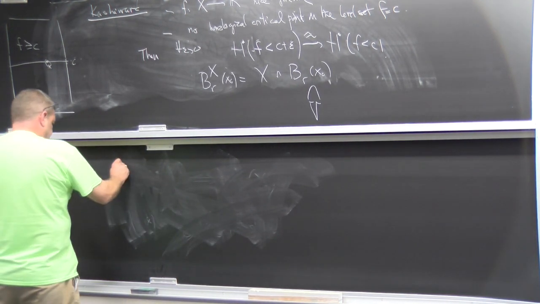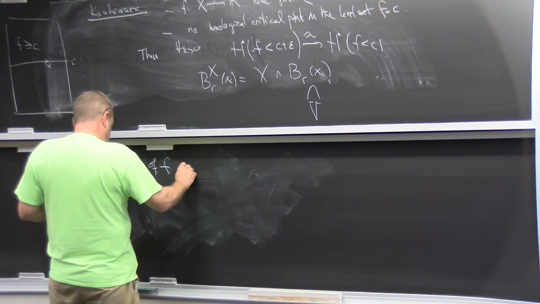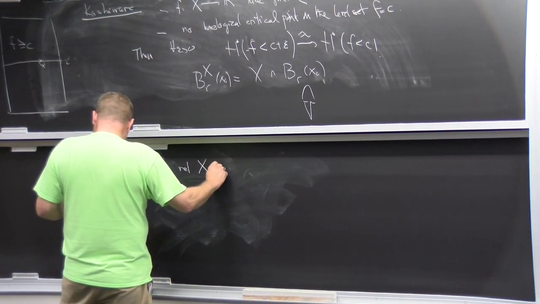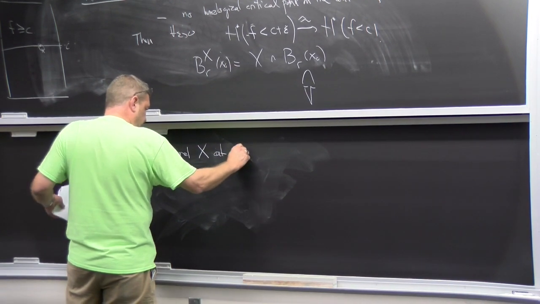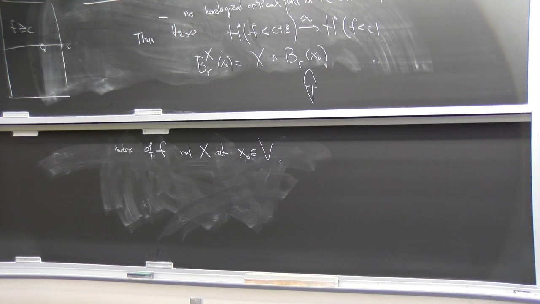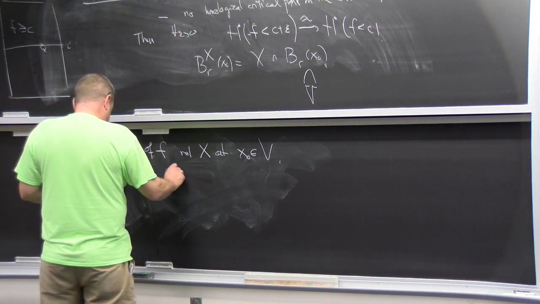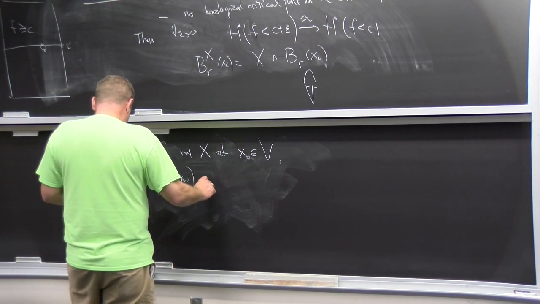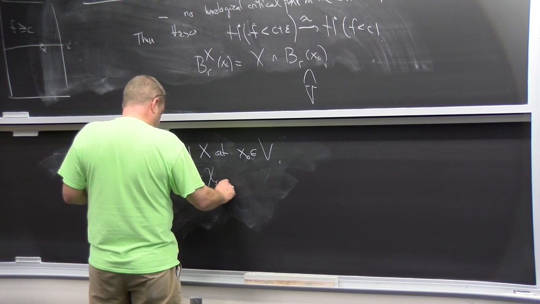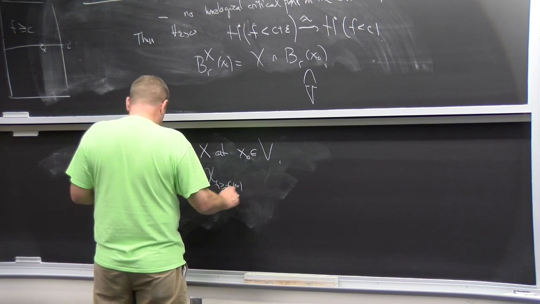Okay. So we define the index of f relative to X at a point x0 in X to be chi of the pair (X, f greater or equal than f of x0).